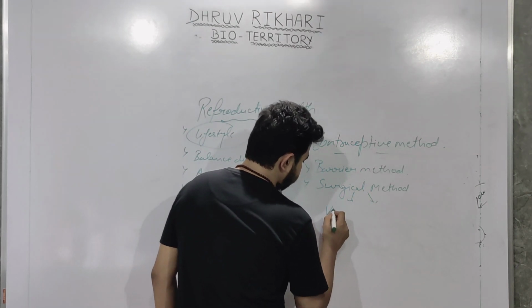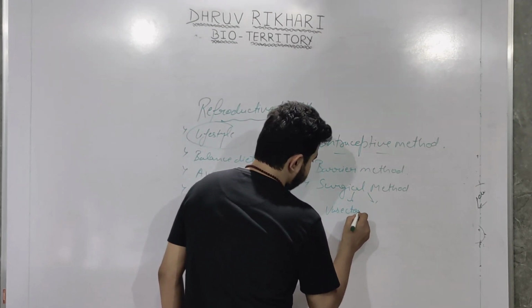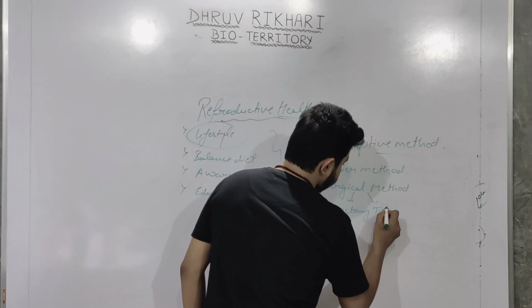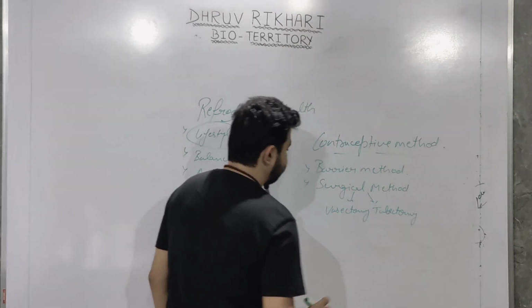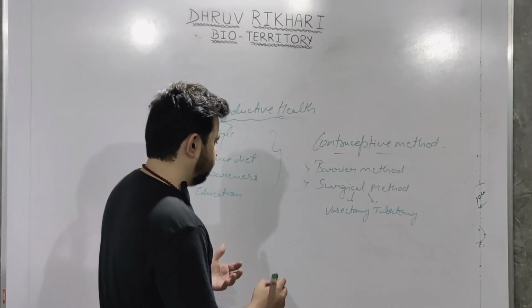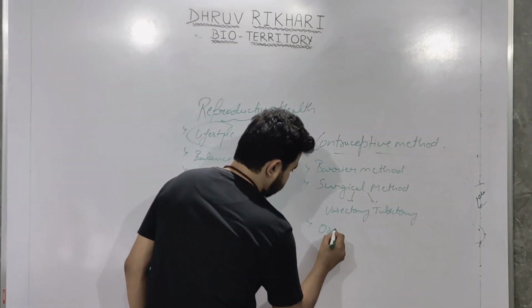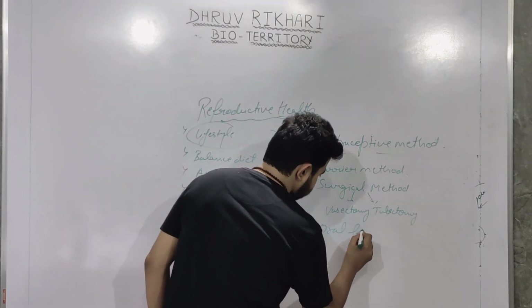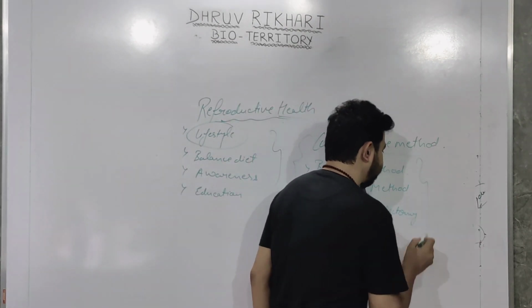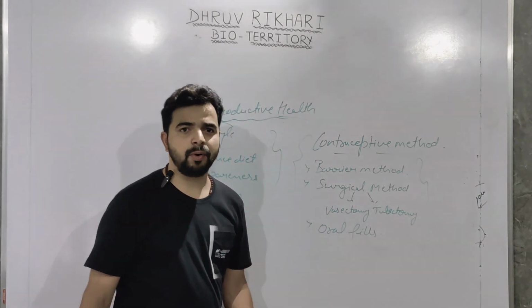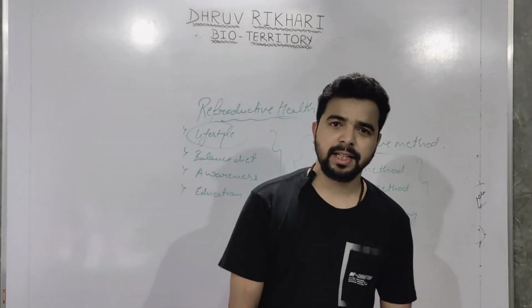In male, it is vasectomy, and in female, it is tubectomy, right? There are other methods, like oral pills. So these are certain methods by which we can avoid unwanted pregnancy.